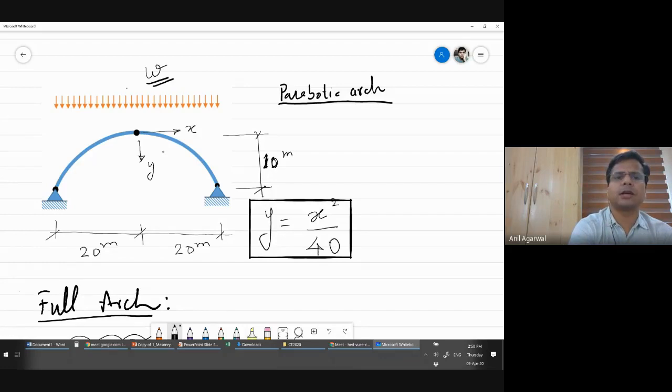Similarly, you can also assume that x is going this way, and then you can write the expression for this side of the arch.